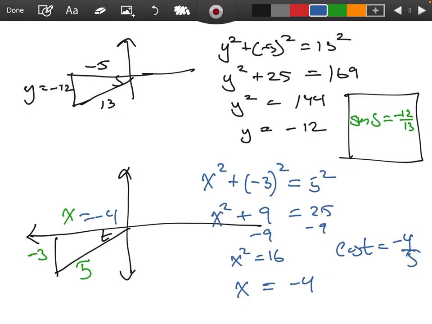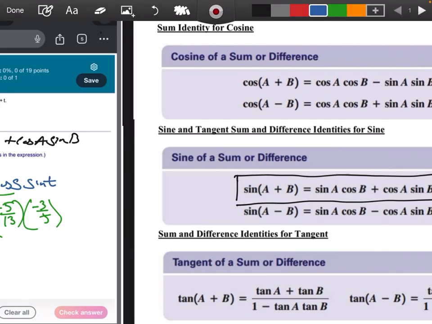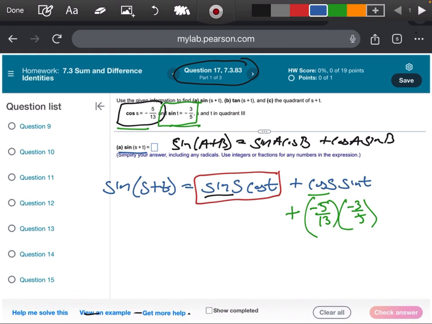So what I'm going to do here is come back to my first slide. Sine of s, we just said, was a negative 12 over 13.